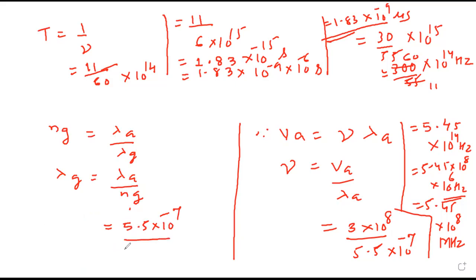Refractive index of glass is 1.5. 5 into 315, 5 into 1155. 3 3s are 9, remainder 2, 6 6 recurring. 6 7 into 10 raised to minus 7.